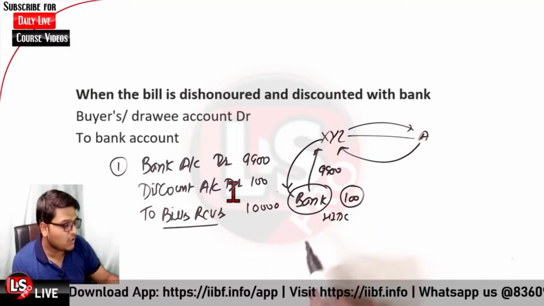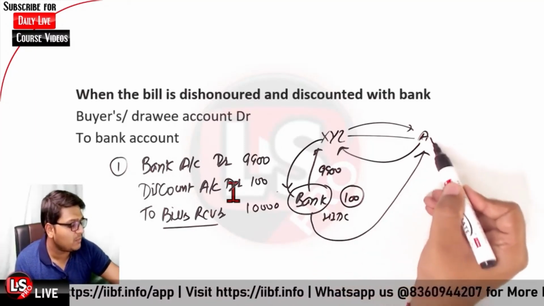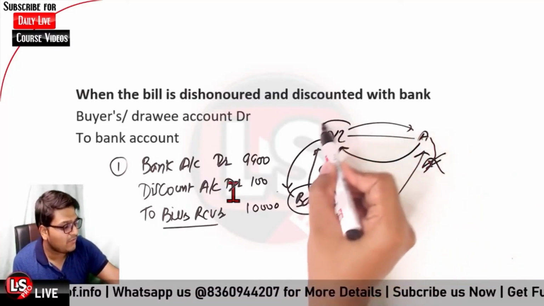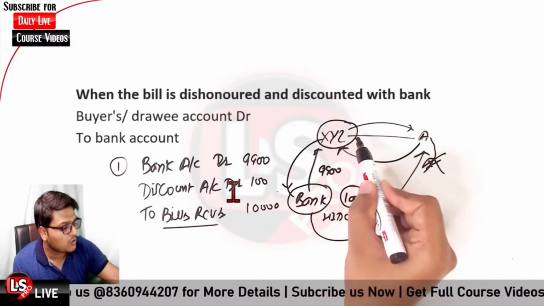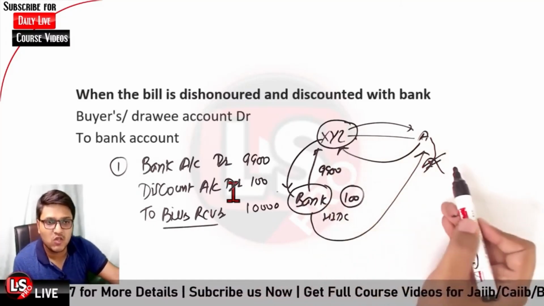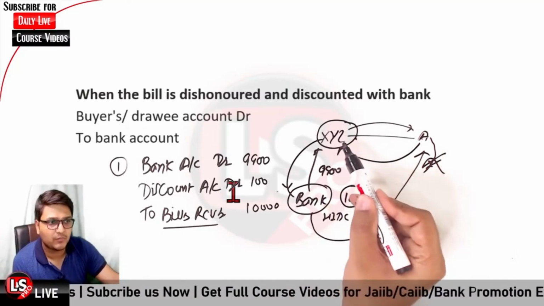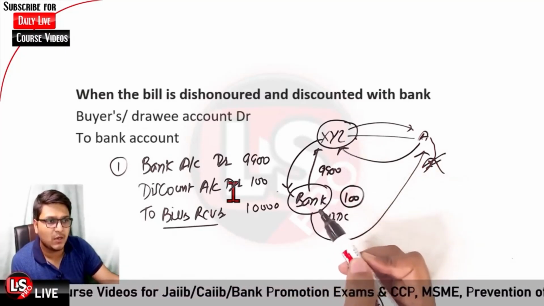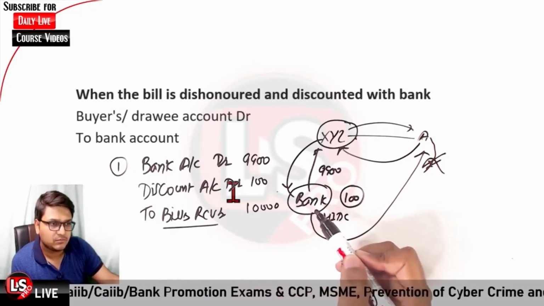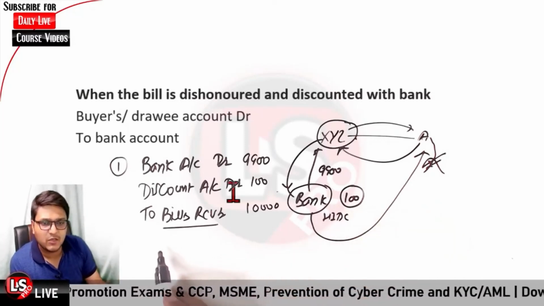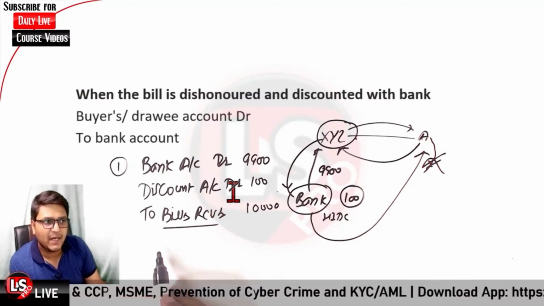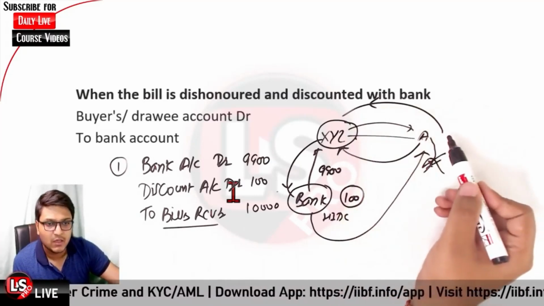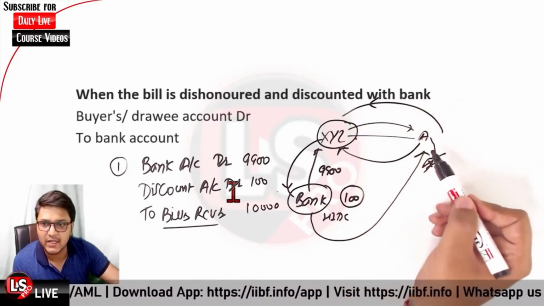But now on the due date, the bank presented the bill to A and the bill was dishonored. In that case, you again have the liability to pay the amount of rupees 10,000 to the bank. Now the buyer's account is to be debited, because you are again entitled to receive the payment from person A. If the bill is dishonored, it is not the case that you are not entitled to receive the amount.